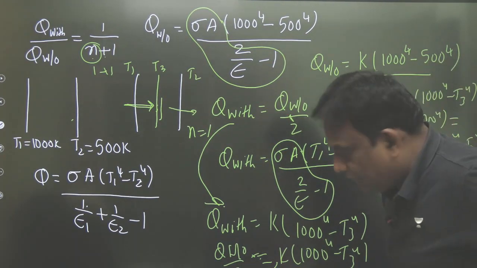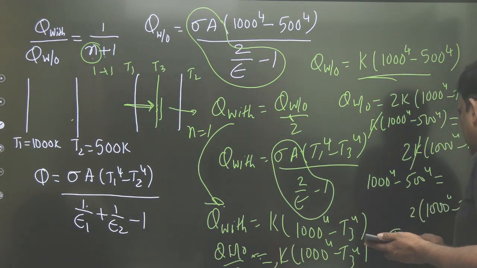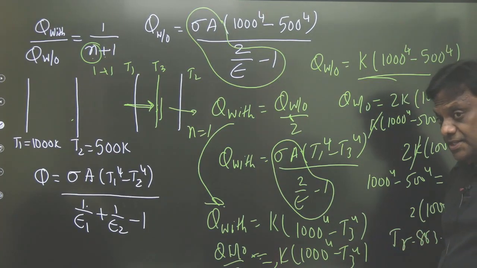Let me calculate the value of T3. 1000 power 4 minus 500 power 4, by 2. I'm getting this temperature as 853.7.